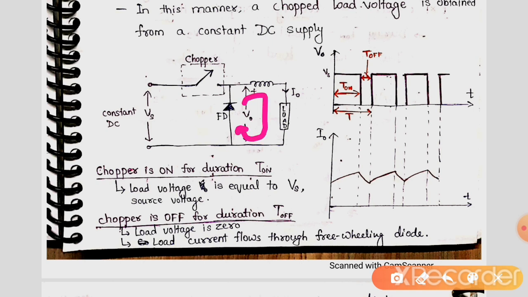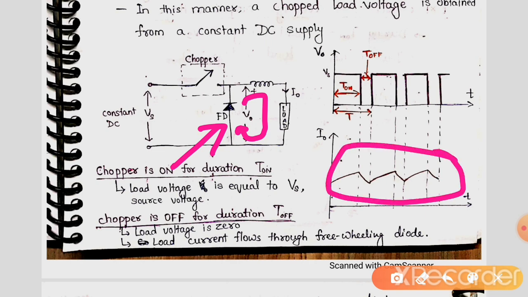The energy which was stored in the inductor will be released, and current will flow in this closed loop using this freewheeling diode. So that is why the current through the load is continuous, whereas the voltage profile is chopped load voltage. DC voltage is chopped in many parts.